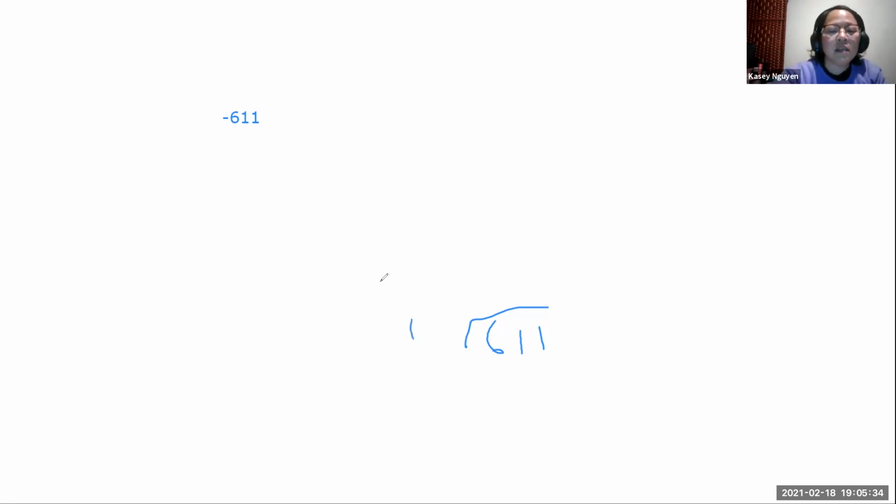So you can see 16. When I divide 611 by 16, I should have a 38 in quotient with the remainder of 3. And then after that, I would take the 38 and divide it again. 2 times 16 will be 32, so that will give me a 6 remainder.